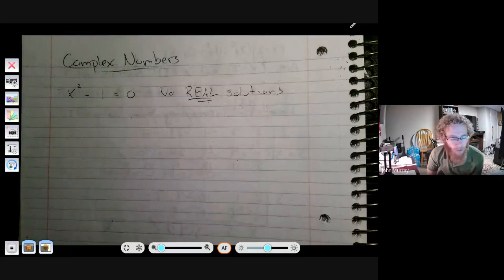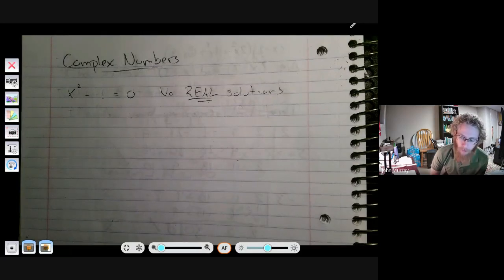And what we mean by that is in mathematics, we have something that are called imaginary numbers. Now, they are actually used in real life in things like optics and electrical engineering. So if those are things that you think you might be interested in for college, you will be dealing with imaginary numbers.